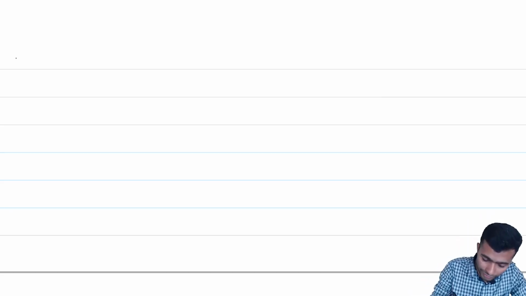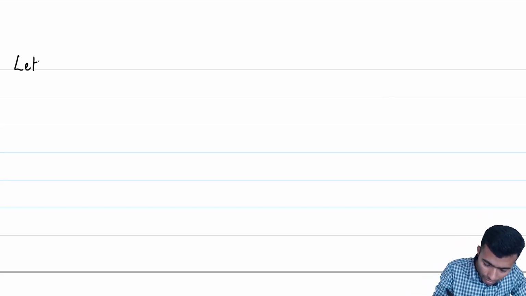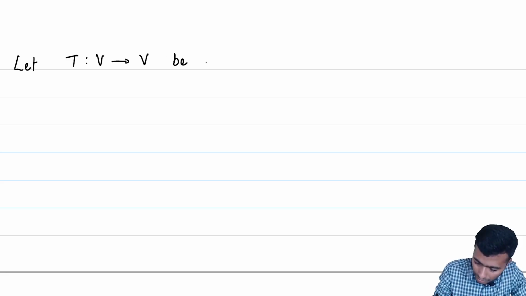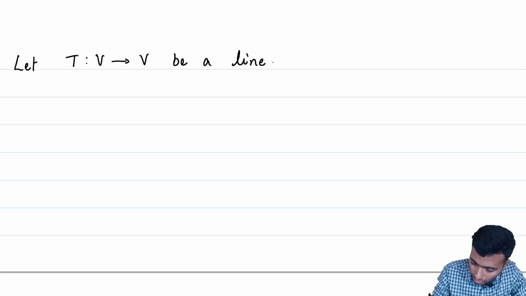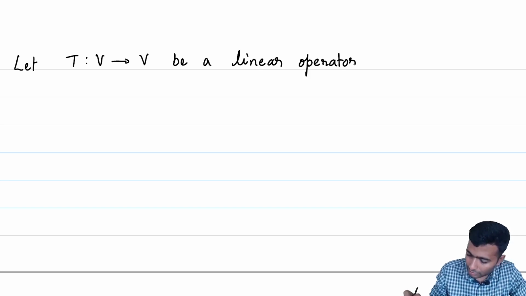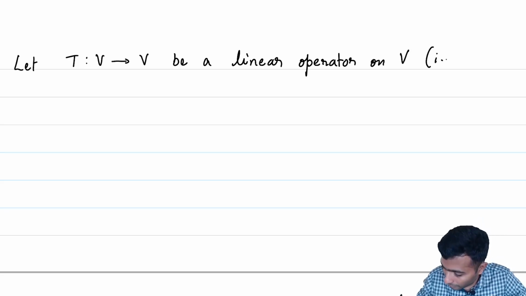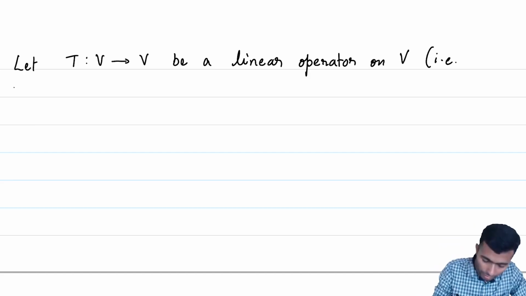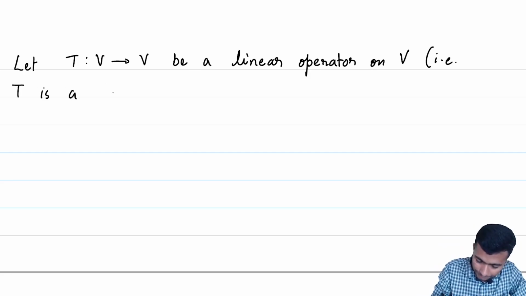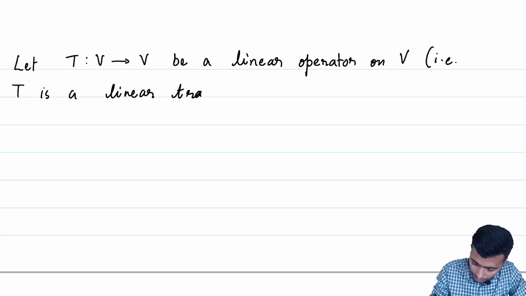So, let us begin by considering a linear operator T on a vector space V. So, let T from V to itself be a linear operator on V. Recall that a linear operator on V is just a linear transformation from V to itself.